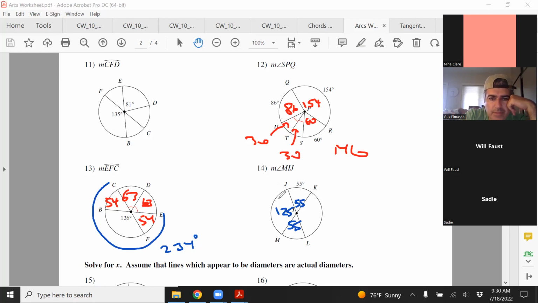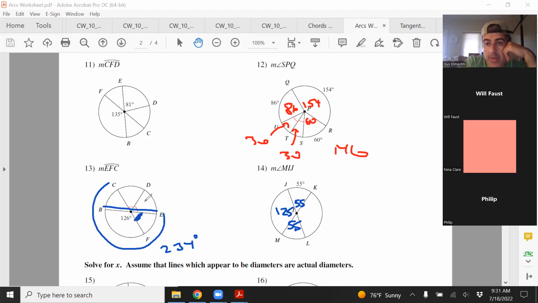How did you get 54 for number 13? Well, you subtract 126 from 180. The reason you want to do that is because that's a line. So 126 plus that angle that I just marked up has to add to 180. That's 54.